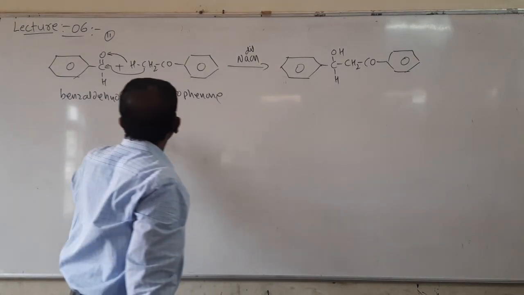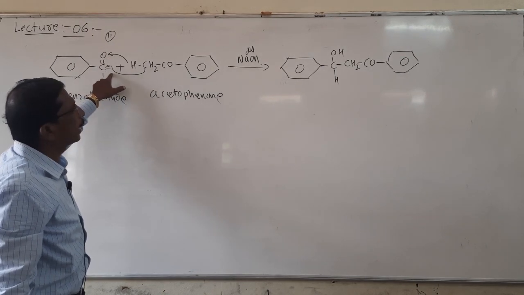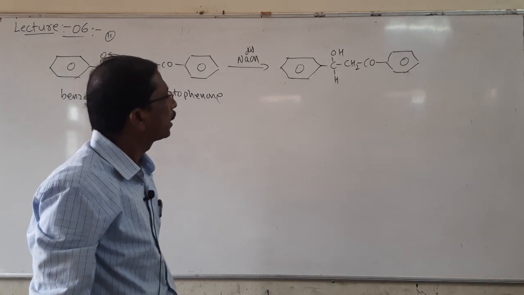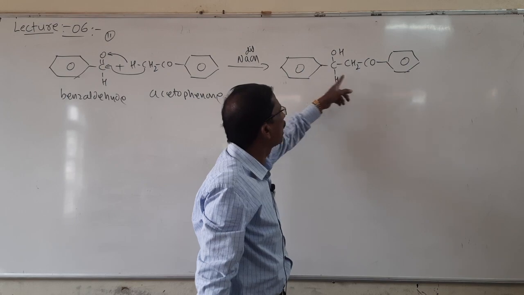Look here, so OH forms here, and then CH2 remains, it attacks here, and then it forms CHO. So here it is a hydroxy group, 1 2 3, and the ketonic group is there.